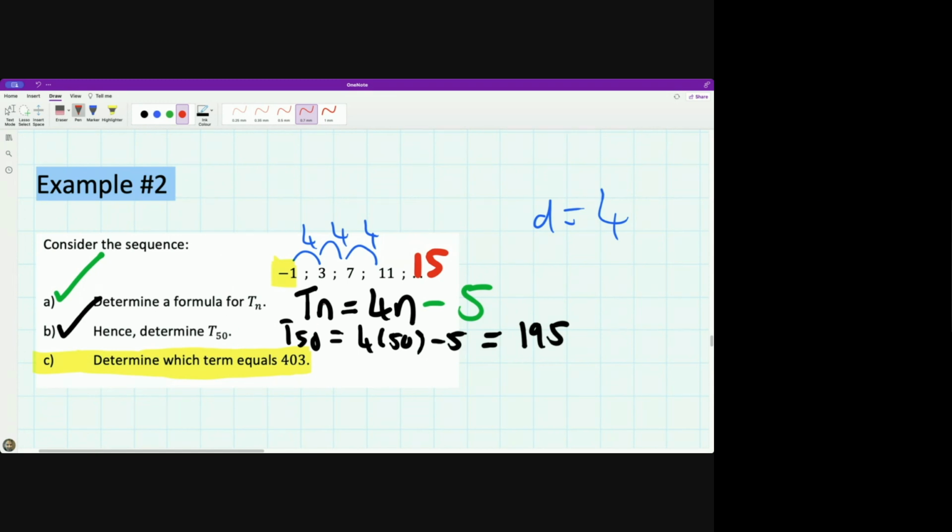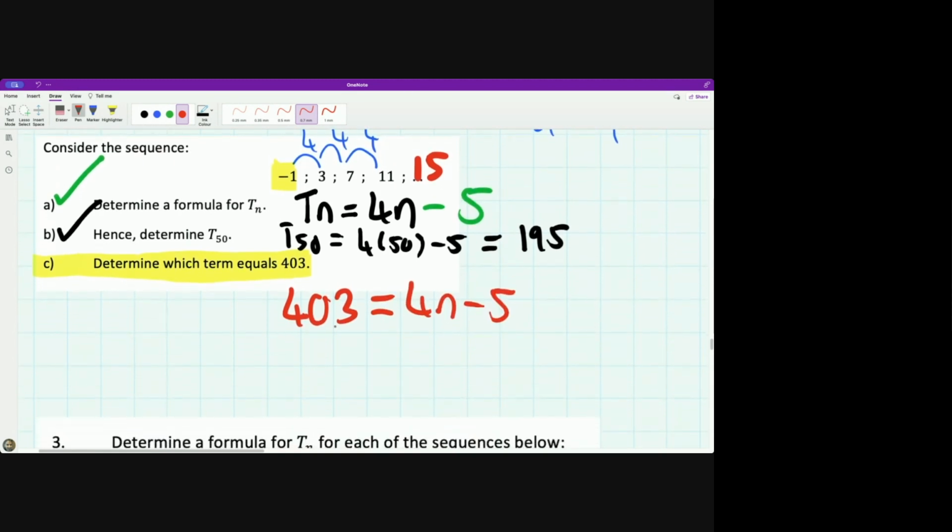So I've got my formula. I don't know what n is, but I do know what the value of the term is. So I'm going to suggest that I make Tn 403, and now I need to solve for n. So basically, this 403 has gone here.